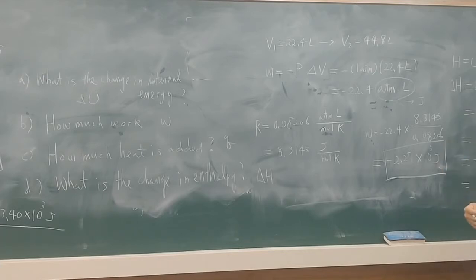It's like we have paid some money to buy some goods. So we increase temperature, and this much work is done. So work done by the system is on the minus side. So minus 2.27 times 10 to the 3 joule of work is done by the system.